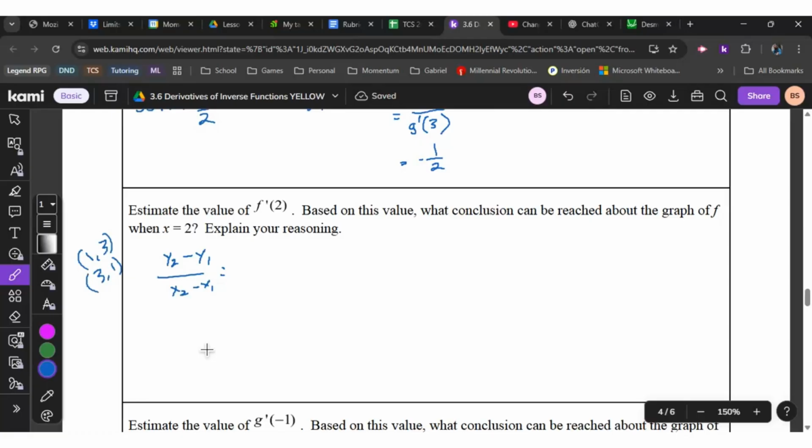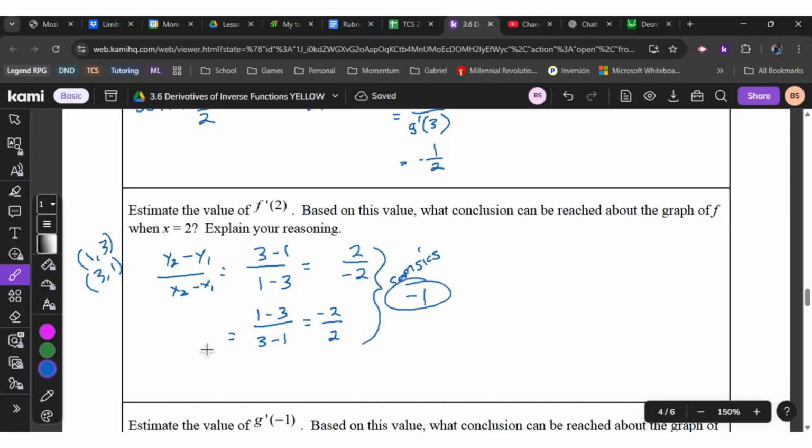I'm going to make the first one y2. It doesn't matter the order, as long as we keep it the same. 1 minus 3 over 3 minus 1 gives 2 over -2. Now just to prove it to you, let's reverse it. If I do 3 minus 1 over 1 minus 3, I get -2 over 2. Just -1. The whole point is to remind you that it doesn't matter which way you do it.